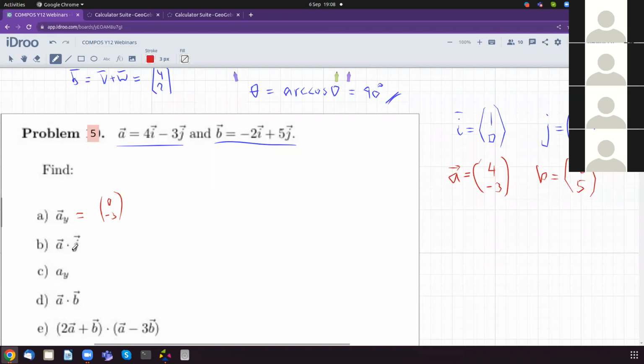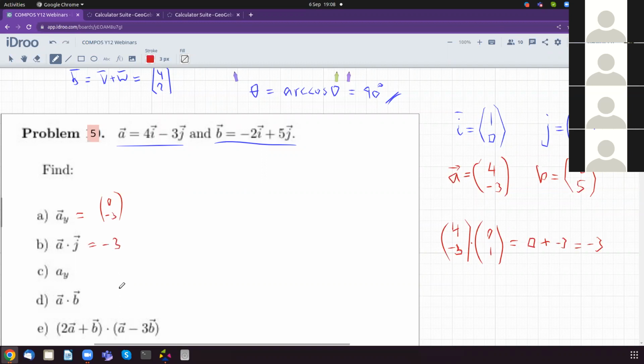A times J. So 4, minus 3 multiplied by J, and J is 0, 1. And we use the dot product. So 4 times 0 is 0, plus minus 3 times 1 is minus 3. And it's actually minus 3, and this is minus 3.